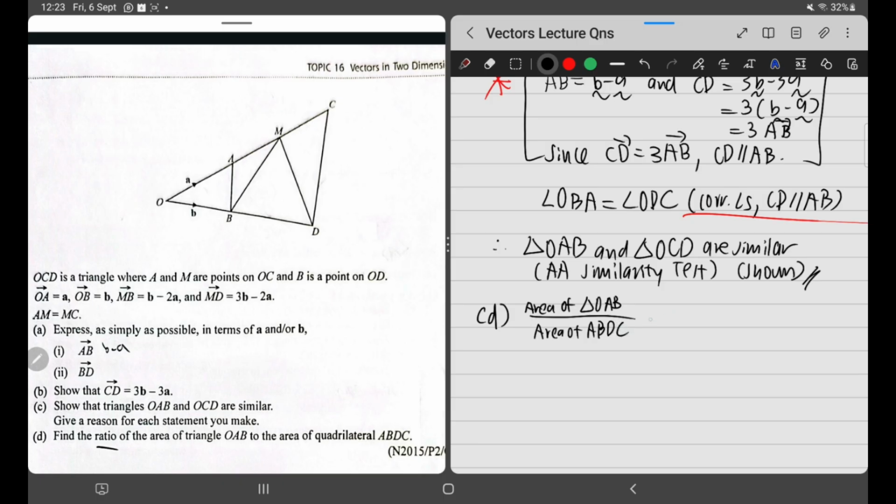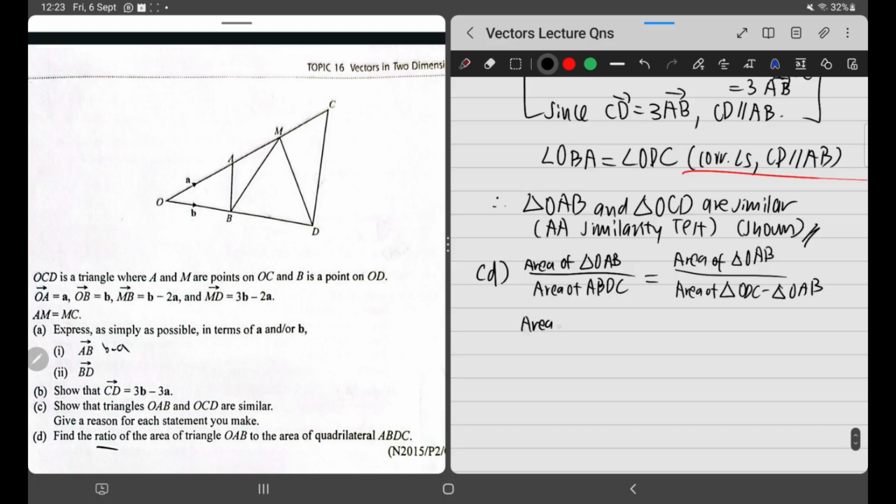And ABDC is just area of triangle ODC minus triangle OAB, right? So let's find out what is area of triangle OAB over area of triangle ODC first. This one is just comparing the length of the corresponding sides. So the two corresponding sides are AB and CD, right? And then you square it.